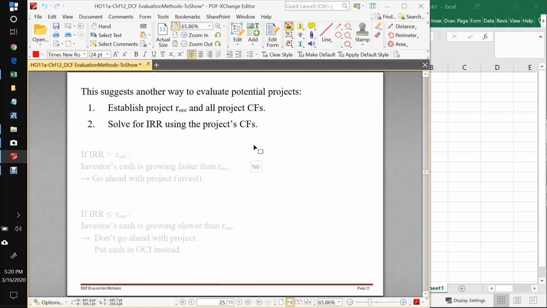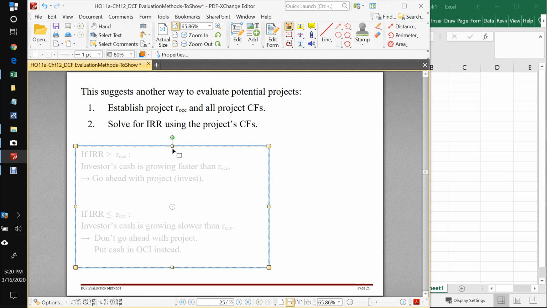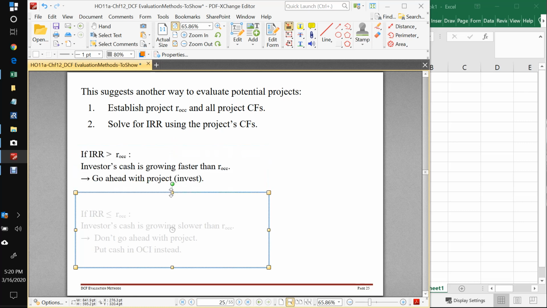So this is going to give us another way to evaluate our potential projects. So step 1 will be establish, as usual, our opportunity cost of capital and all the project cash flows. And then we'll solve for the IRR using these cash flows. And what's that going to mean?